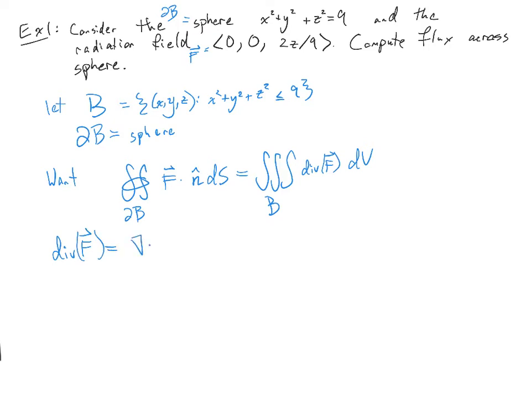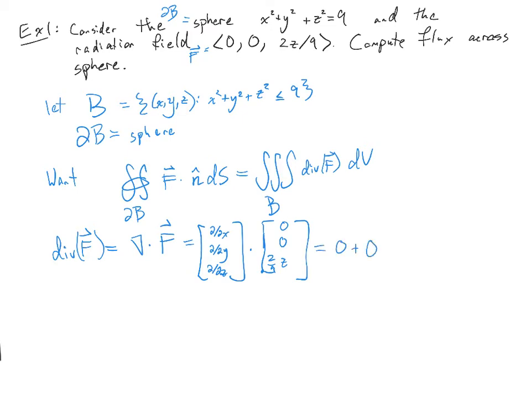So remember, that's nabla dot f, which means I'm taking each partial derivative of f. So if I write nabla as d/dx, d/dy, d/dz, and f is 0, 0, 2/9 z, then each of these partial derivatives gives me 0 for the x component plus 0 for the y component plus 2/9 for the z component, which is, oh, so nice.